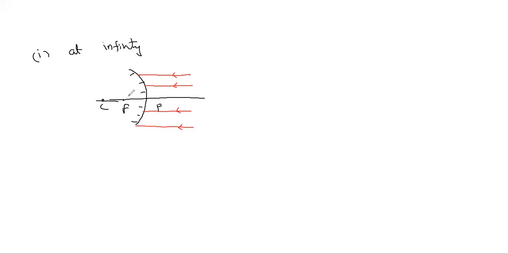Any ray which is passing parallel to the principal axis, after striking the convex surface, will diverge through the focus. Carefully draw. You should connect the incident ray as well as the focus, then draw the reflected ray.